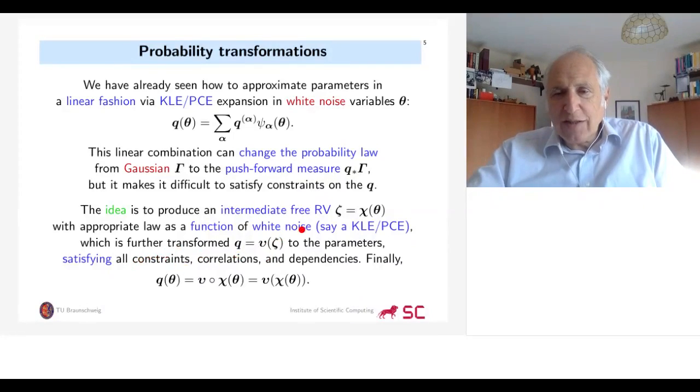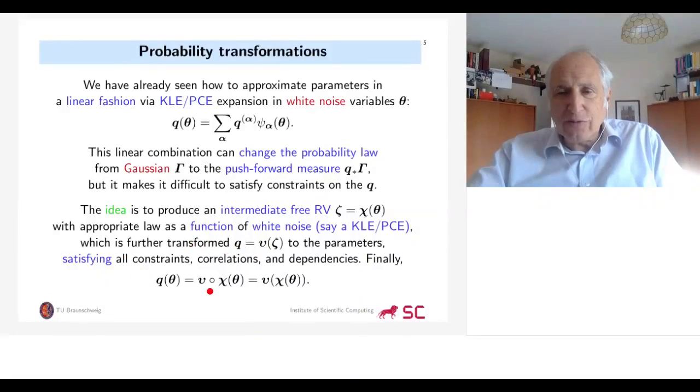So the idea is to do two transformations. One gives this zeta the probability distribution you want, and that's what's being updated; updating would change these coefficients here, for instance. And then in the actual computation, we have to transform it further with a transformation which makes sure the constraints are satisfied.